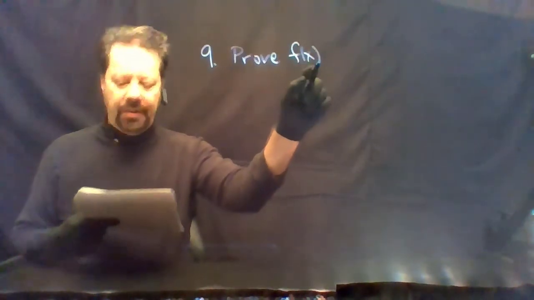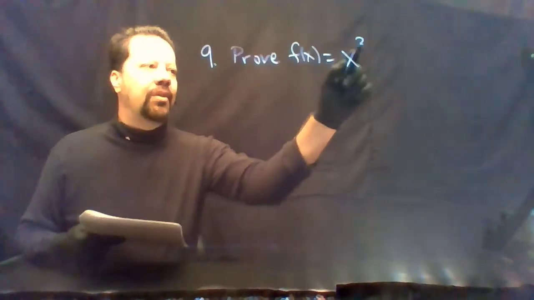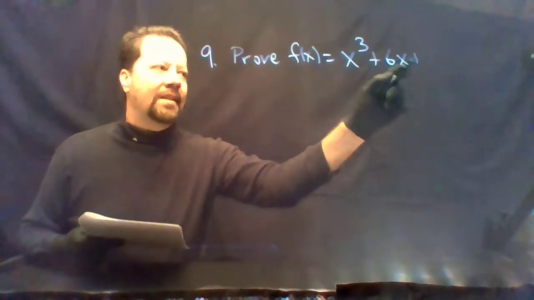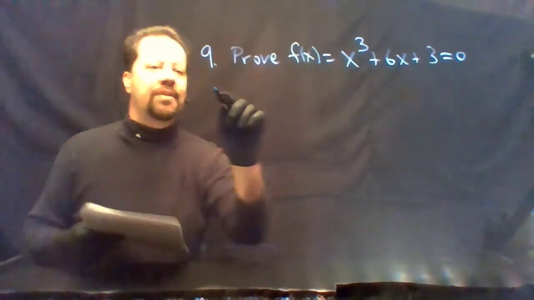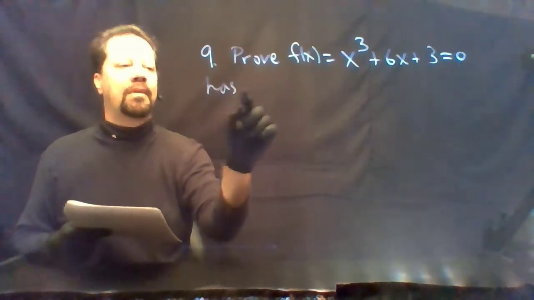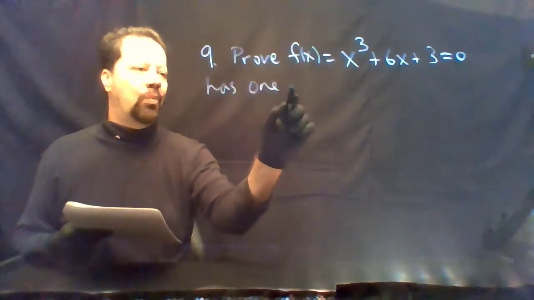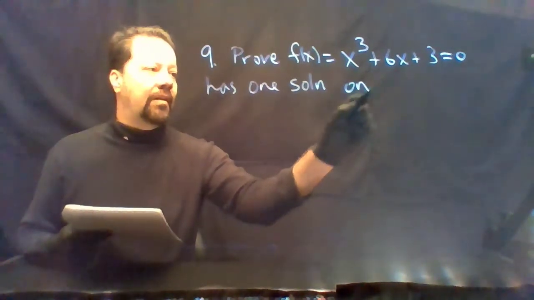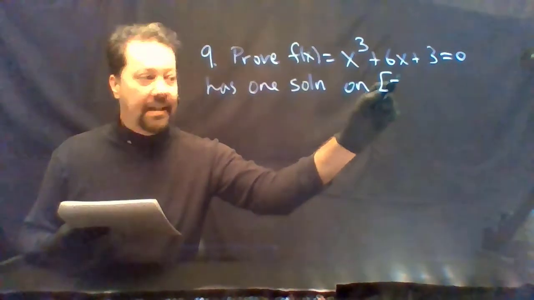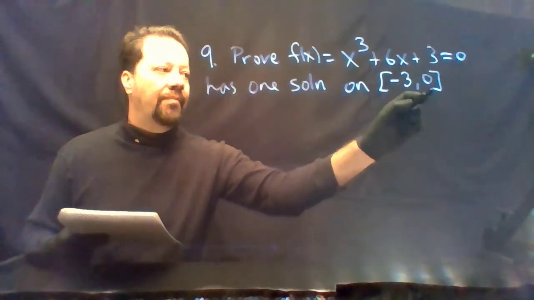On problem 9, I ask you to prove that this function x cubed plus 6x plus 3 equals 0 has exactly one solution on the interval from -3 to 0.